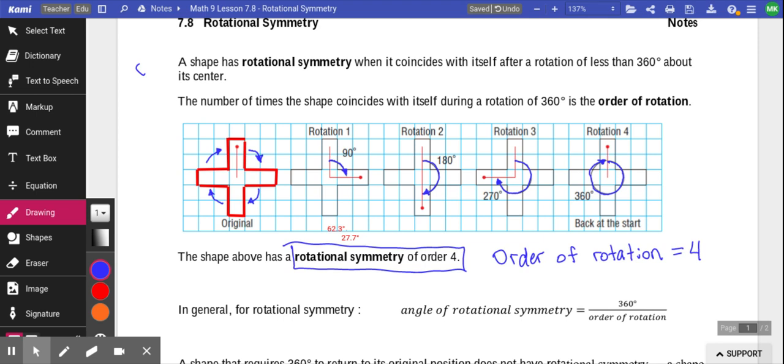Awesome. There is a formula to figure out how often something will be the exact same. There's also a formula to tell what angle you need to turn it to make it the same.